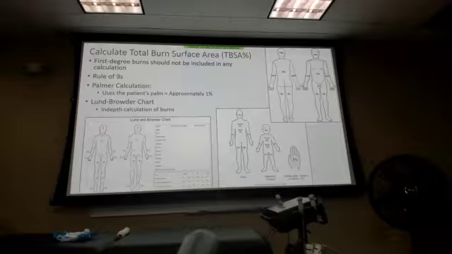We actually will color the chart, and it'll stay outside of the room, and we will update it every day to see if any of their burns have blossomed into worse. Okay, but for the most part, especially in the ER trauma bays, we'll use the rule of nines to get at least an estimated amount of TBSA.